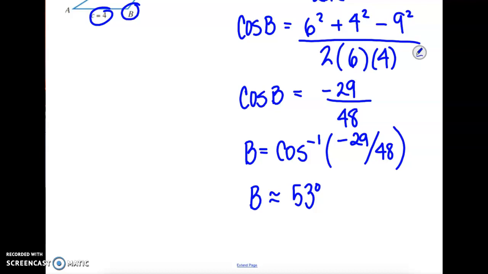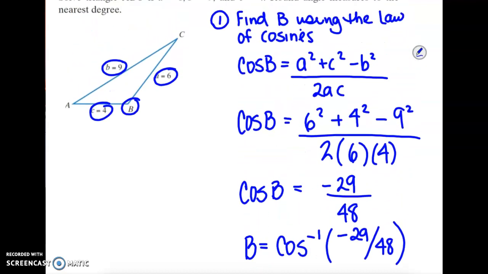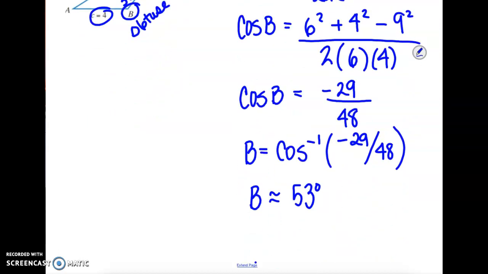Now look at this triangle. Does that make sense that this triangle looks like 53 degrees? No. We actually have to think of that angle B as our reference angle. To find that angle B, it's really considered an obtuse angle. So this is our reference angle when using our calculator.